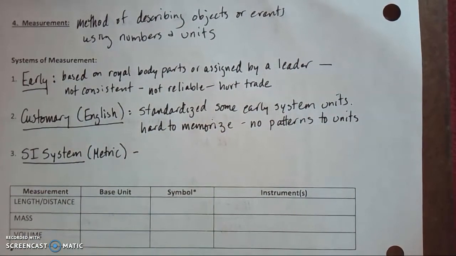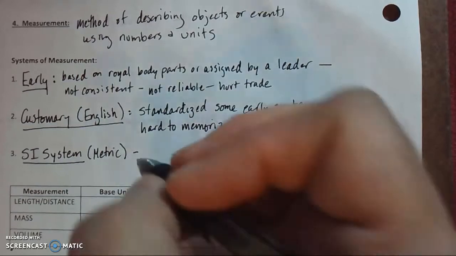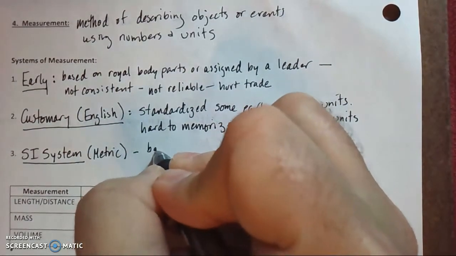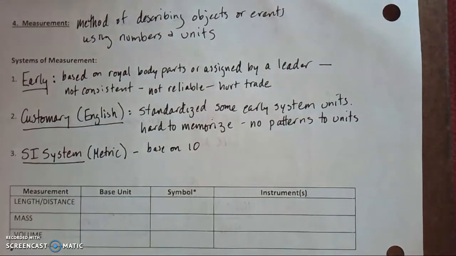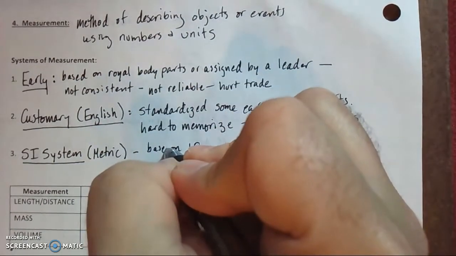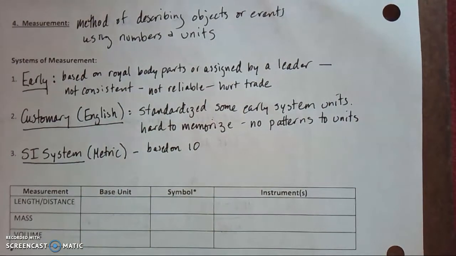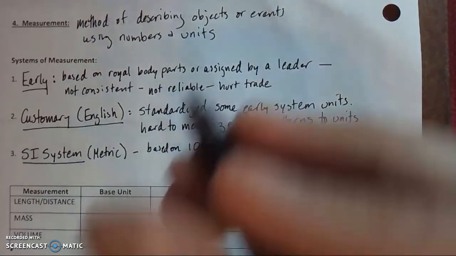It's 1799 in France, so right at the birth of the United States, or not too long after. It's based on 10. All the units are based on the number 10, and since our number line and our decimal system is based on 10, it makes it really easy.